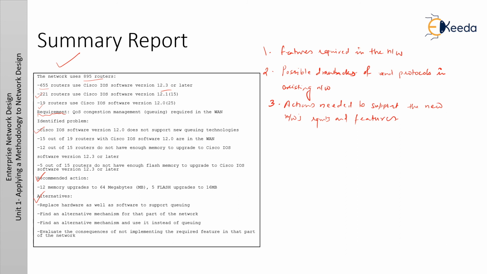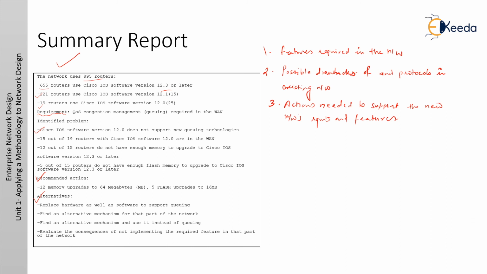This summary report is very helpful. The summary report conclusion should identify the existing infrastructure's shortcomings. So in this particular figure, we can see that QoS congestion management or queuing is required. However, the designer has identified that Cisco IOS software version 12.0 does not support the newest queuing technology. In addition, some routers do not have enough RAM and flash memory for an upgrade.